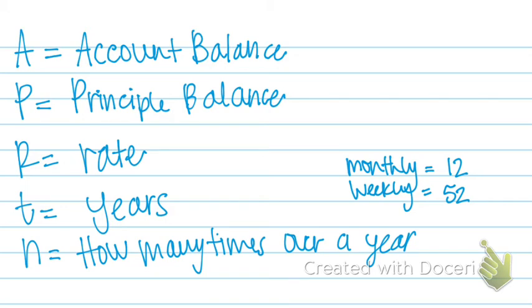If it says it is compounded daily, how many days are in a year? 365. We're not dealing with leap years. Just plain Jane years. If it says annually, annually is just what? Just one.